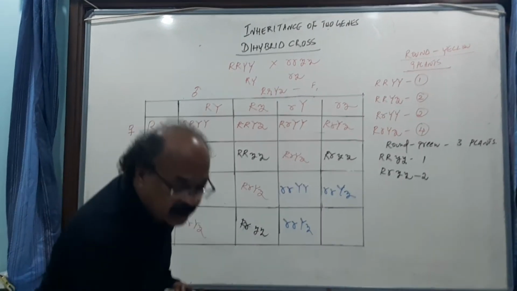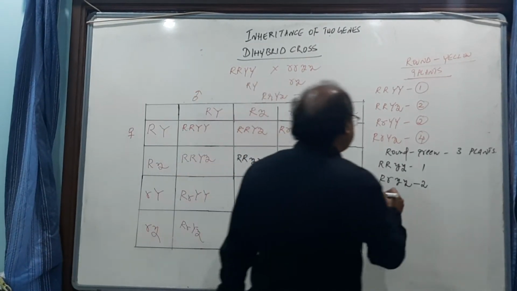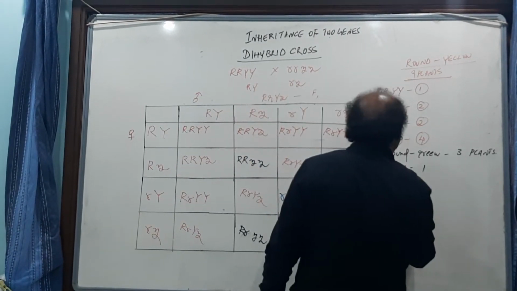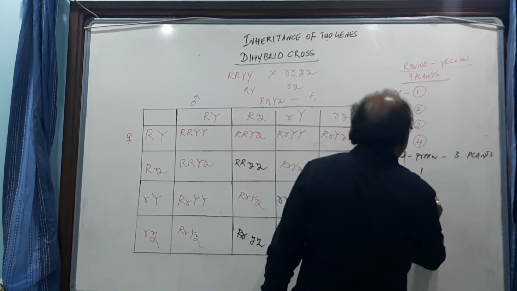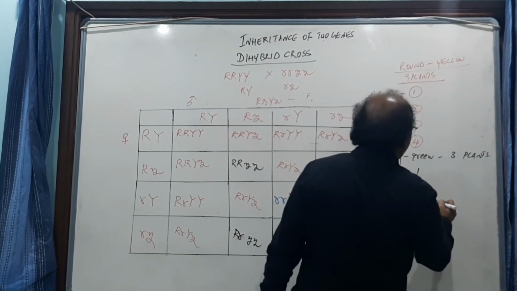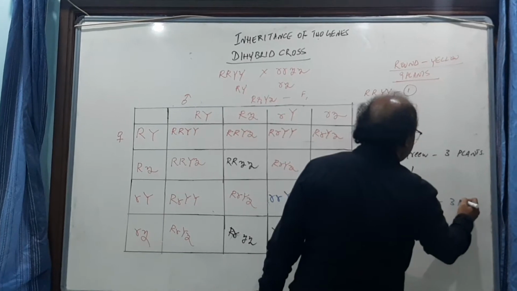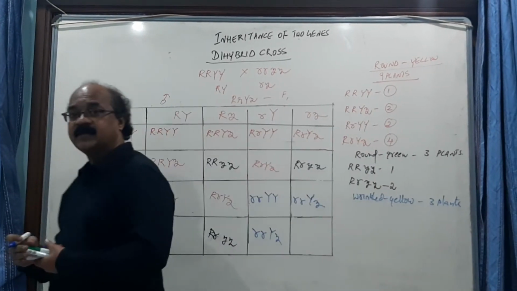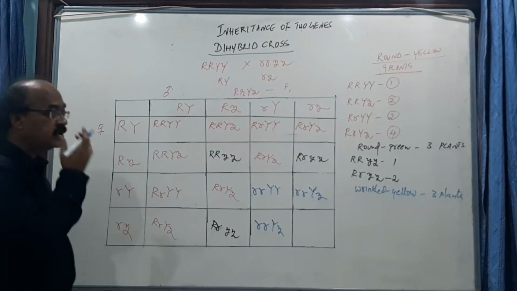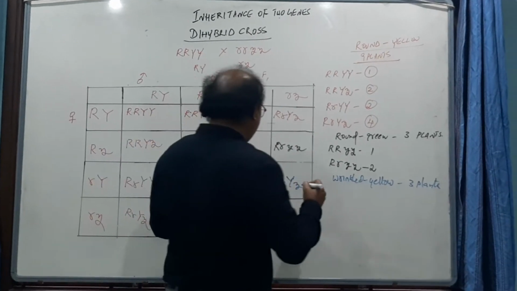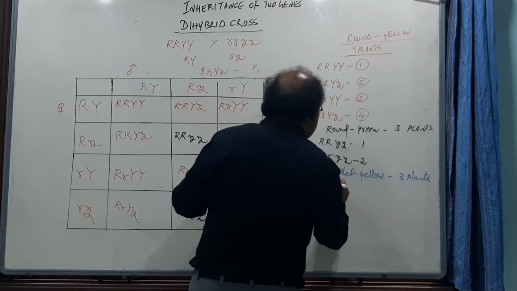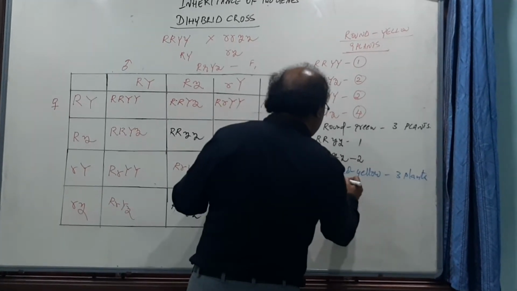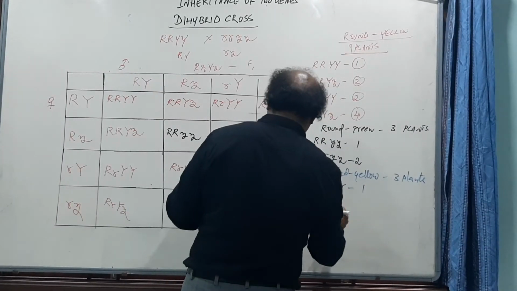And these three plants are wrinkled and yellow plants. You got three plants, wrinkled and yellow. How many genotypes? Small r, capital Y, that is one plant.